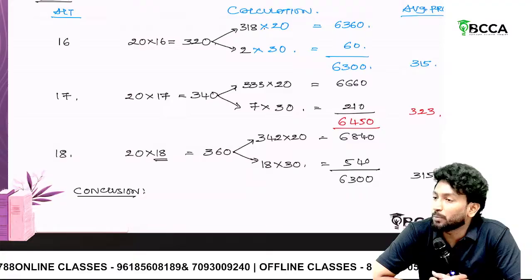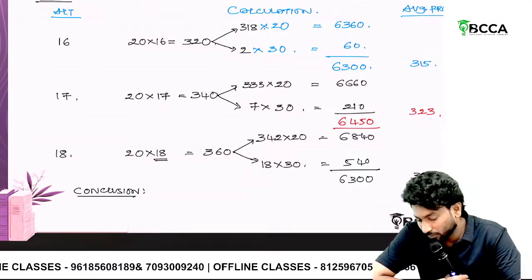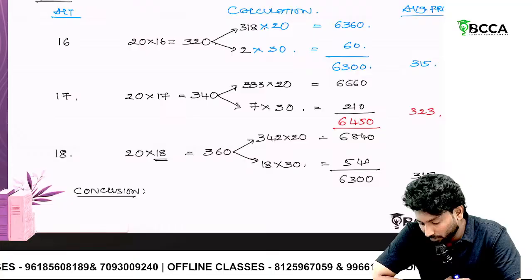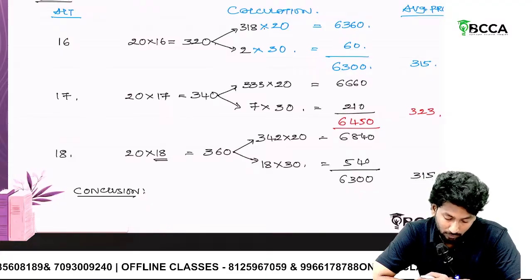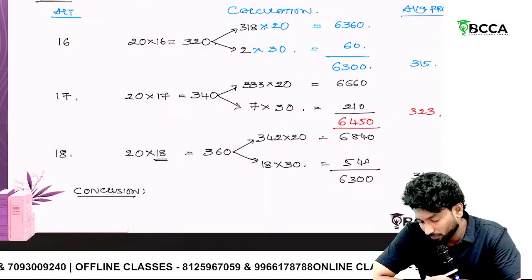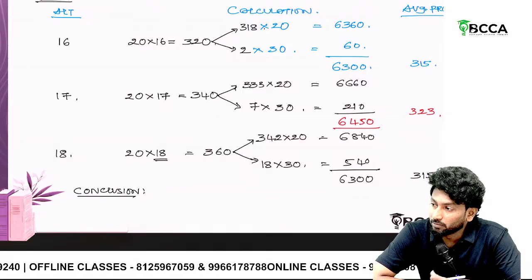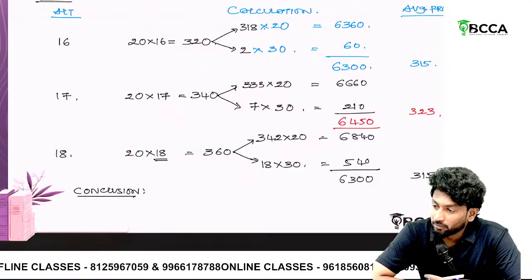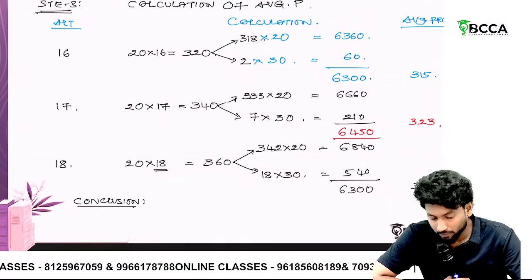So this alternative is the most profitable for the manager, and he has to order 17 books. Write the conclusion in your own words.